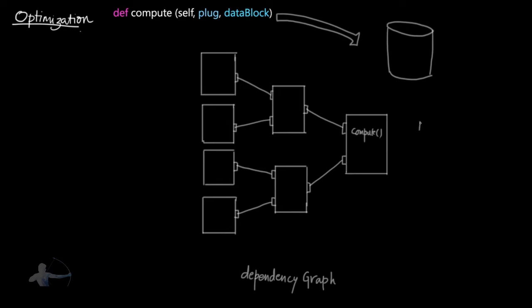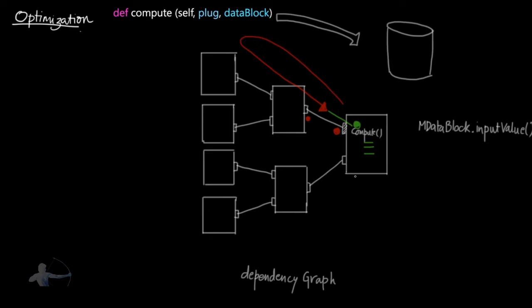So whenever we use the command data block dot input value, it would check if the plug is clean or dirty. And if the plug is dirty, it would start evaluating the dependency graph. The complete dependency graph would be evaluated, and when clean values are returned, it would start performing the computation.